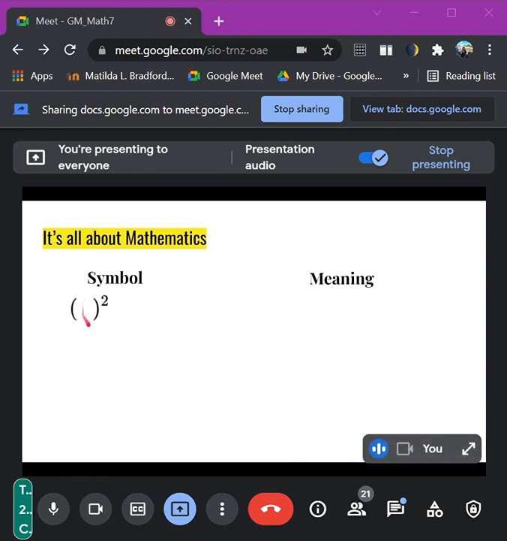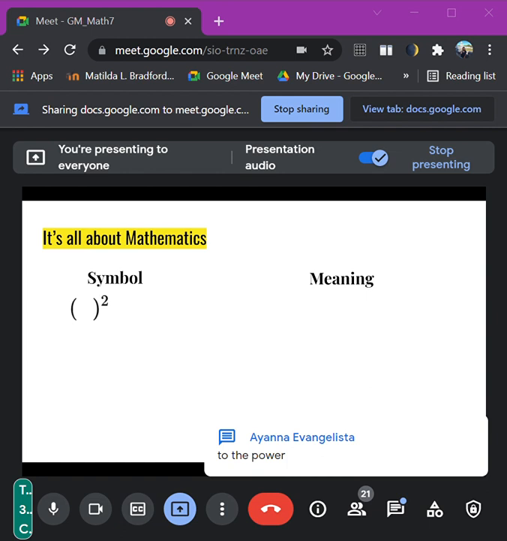Now, how are we going to read this one, class, if 2 is the exponent? Or how are we going to read numbers if there is an exponent of 2? To the power, yes, it can be to the power of 2.